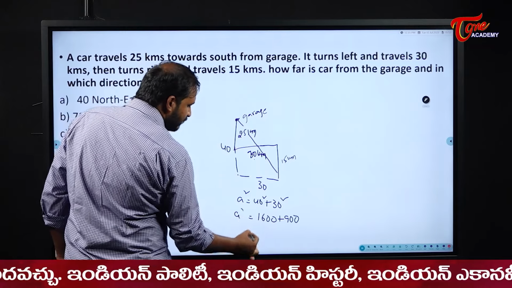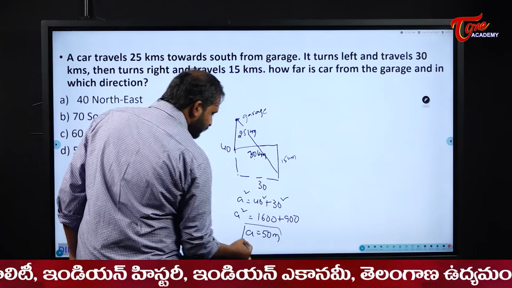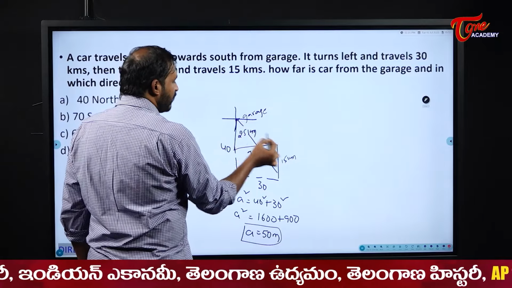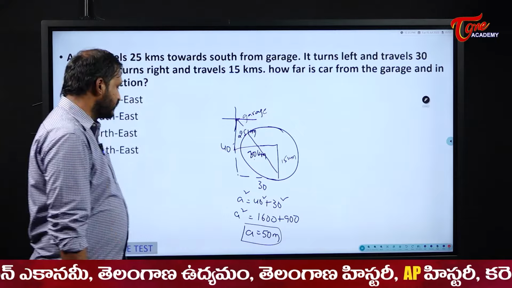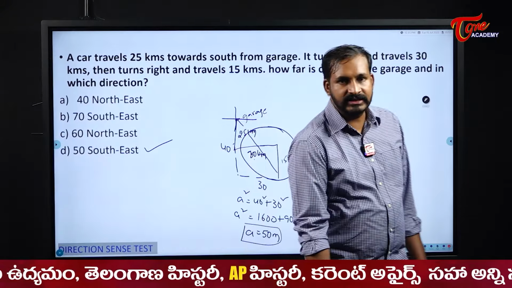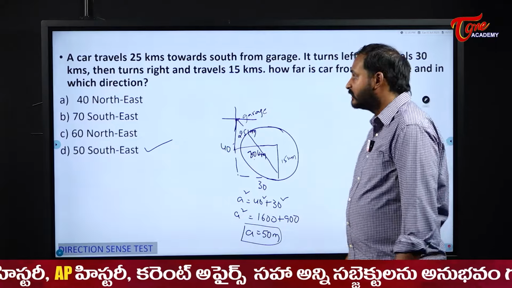So the a value will become 50. And in which direction from the starting point? This falls under southeast. So 50 southeast is going to be our answer here. Understood? Right? The next one.